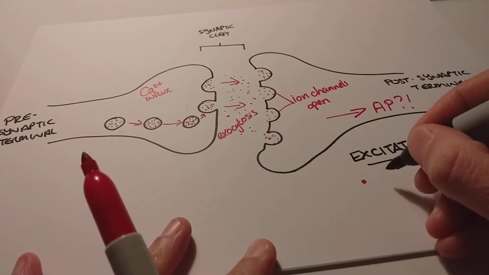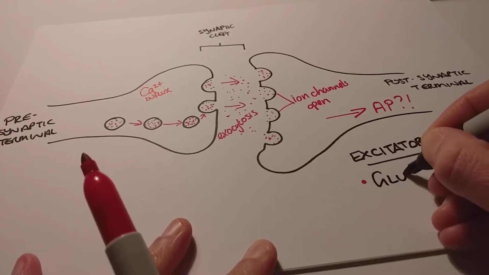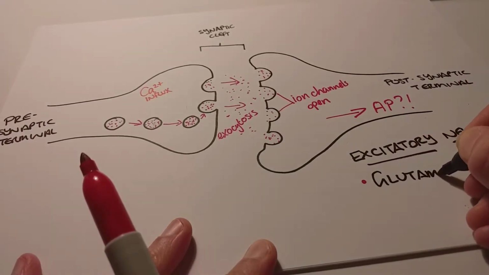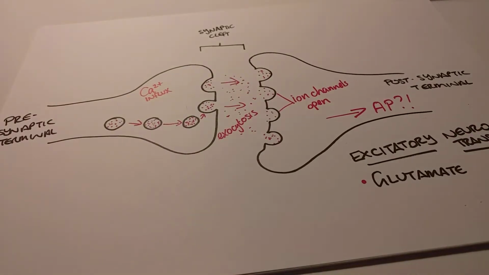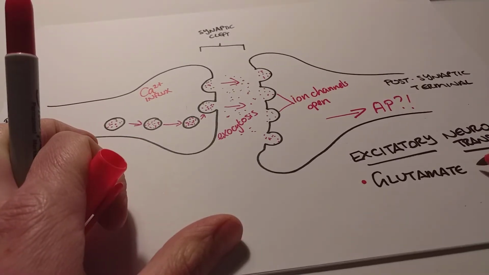We have glutamate, which is a neurotransmitter in the brain.